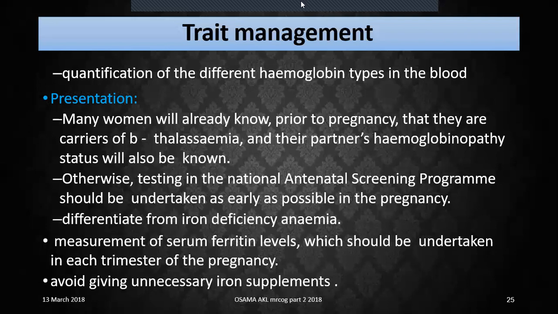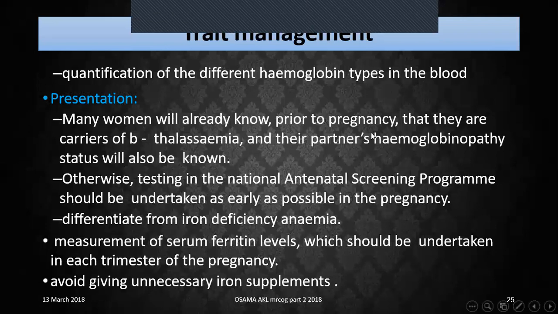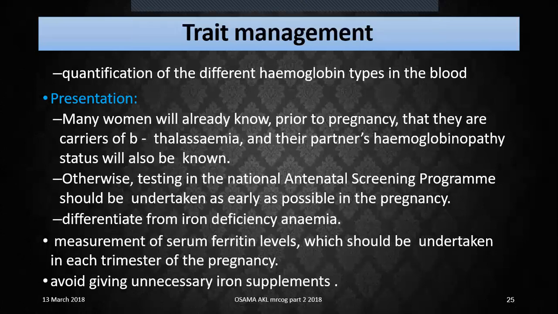So we have to identify the severity and the hemoglobin level, and of course, to diagnose that this is thalassemia, we did already serum ferritin level, and we find that serum ferritin is normal in thalassemia. That's how we differentiate between iron deficiency anemia and non-iron deficiency anemia.